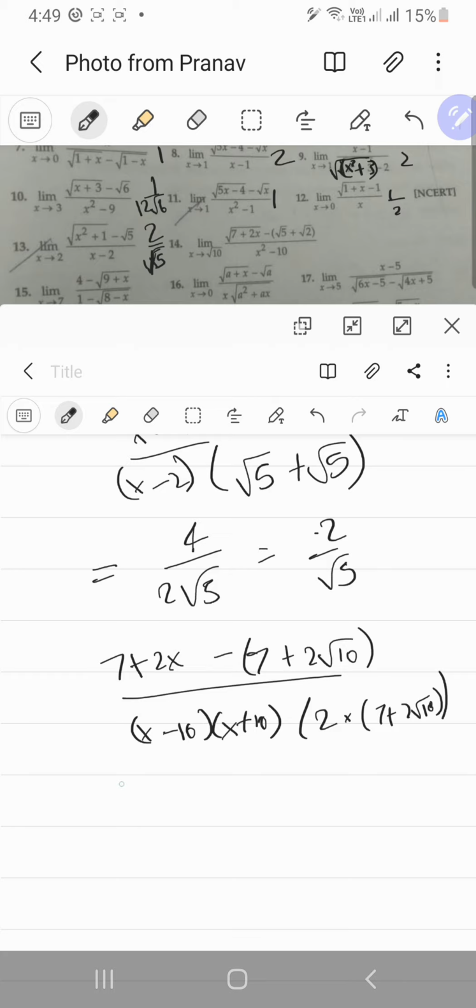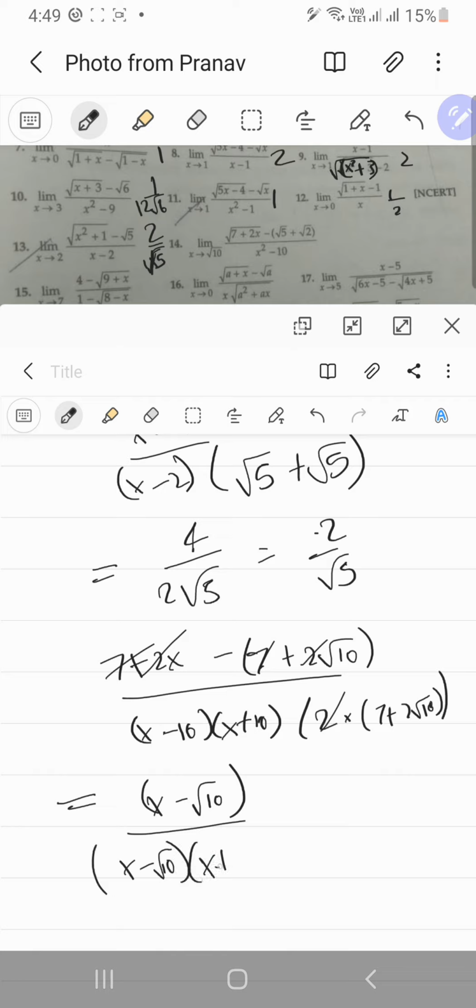So I'm just gonna do it like 7 minus 7 is 0. So now this 2 gets cancelled with that 2. So it's x minus square root of 10 upon x minus, oh that's nice, x minus square root of 10 plus square root 10 and then x plus 10, and you also have this thing 7 plus 2 square root 10.